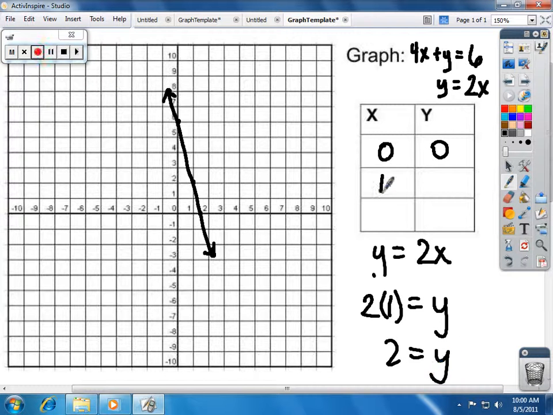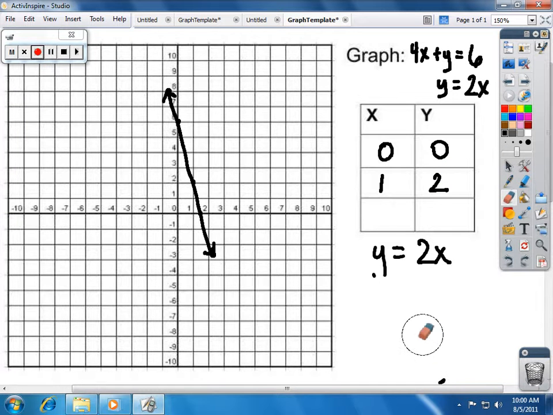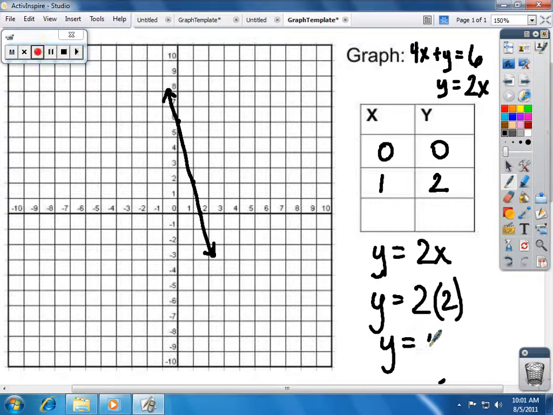So one of my points is at 1, 2. All right, I'm going to use x equals 2 this time. So we're going to solve for y equals 2 times 2. In other words, we're at x equals 2, y equals 4. So another one of my points on this line would be at 2, 4.